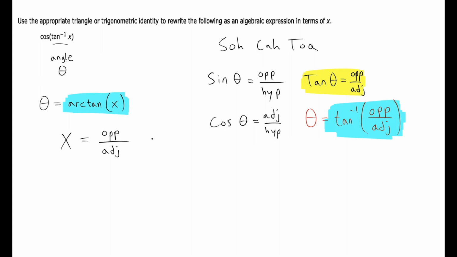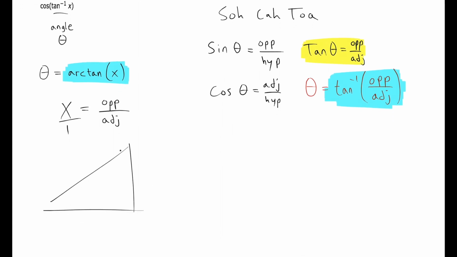With that in mind, we can make this x over 1. And so if we go to make a triangle for this situation, the opposite side of the angle theta needs to be x. And the adjacent side needs to be a 1.